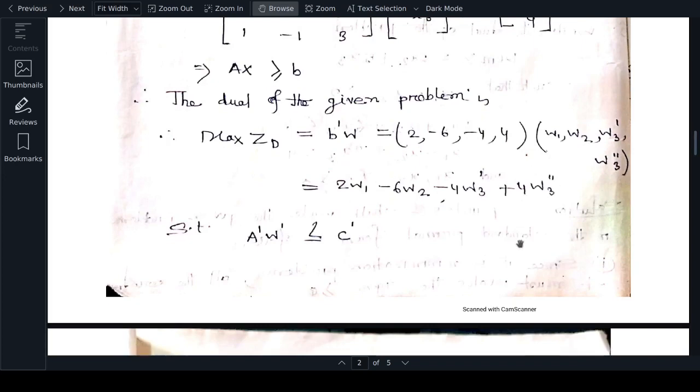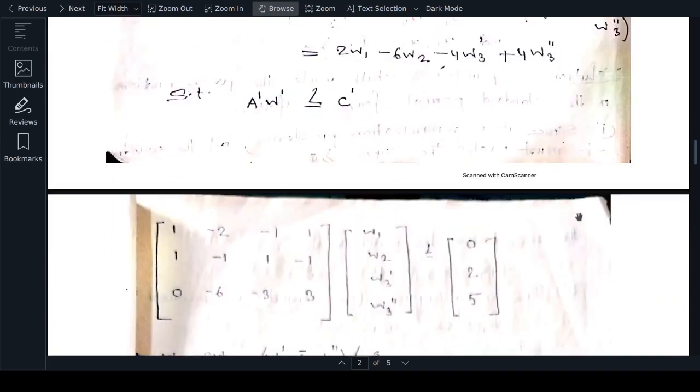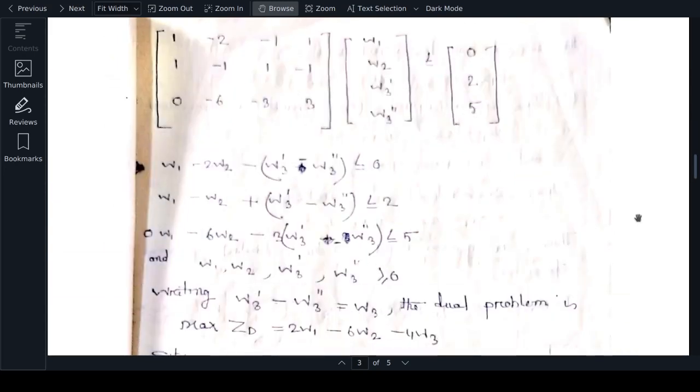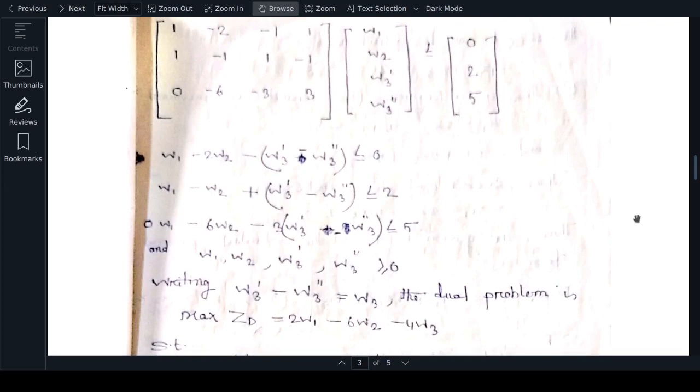Okay, so next you just simplify: w1 minus twice w2 minus w3 dash minus w3 double dash less than or equal to 0, then w1 minus w2 plus w3 dash minus w3 double dash less than or equal to 2, then 0 into w1 minus 6w2 minus 3 into w3 dash minus w3 double dash less than or equal to 5, then w1, w2, w3 dash, w3 double dash greater than or equal to 0.